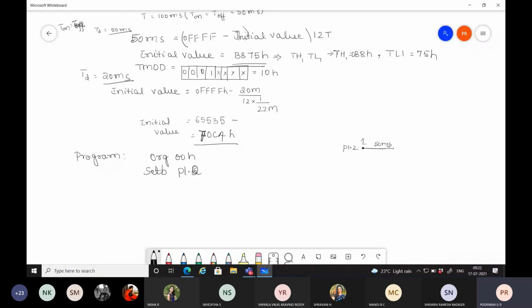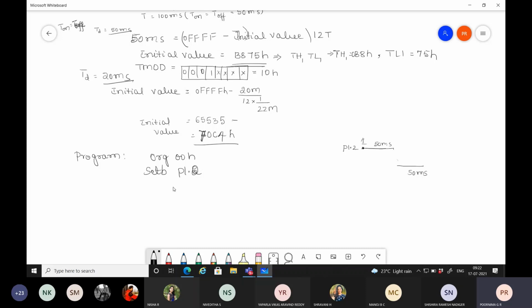So you need to provide that delay through timer 1. Already the initial value we have computed is to be loaded into TH1 and TL1. So load it. But this particular 50 milliseconds has to be repeated twice, one for the on period and the other for the off period.